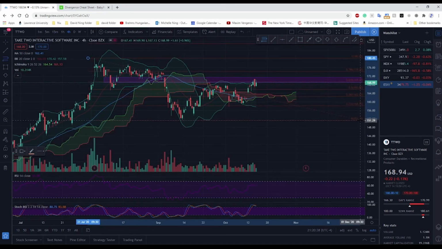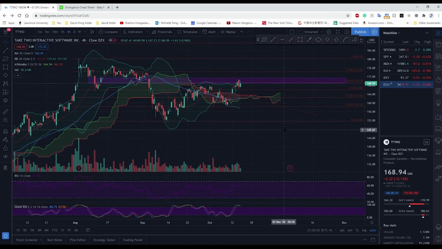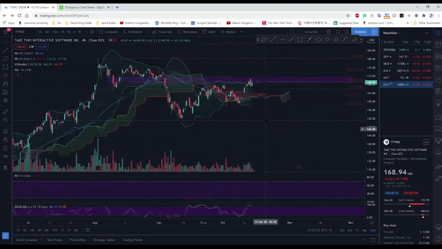I think it would be better if tomorrow you watch if it breaks above this 0.618 fib before doing anything.